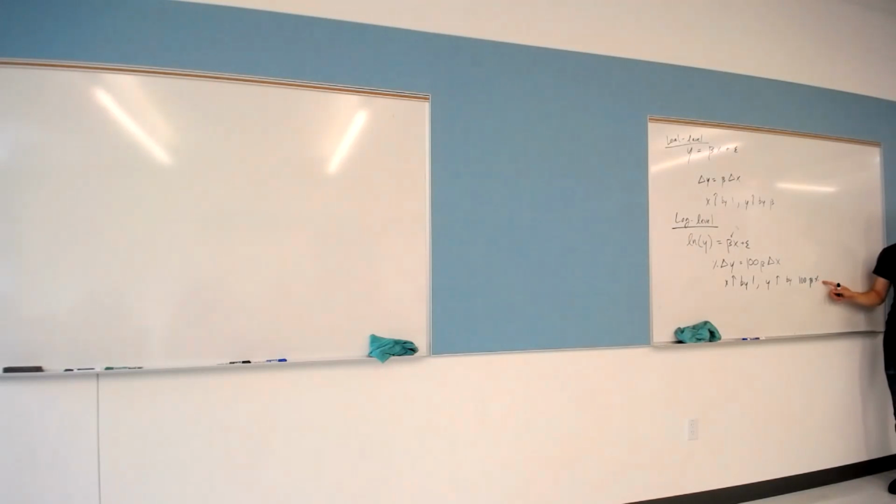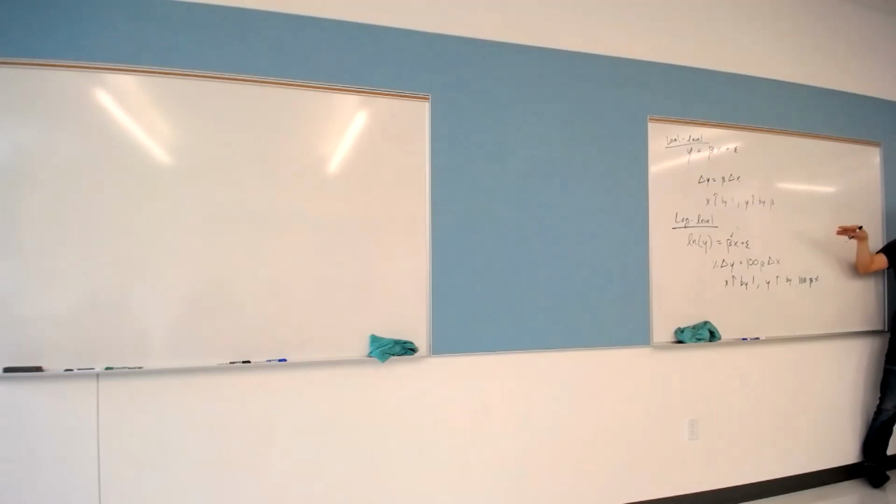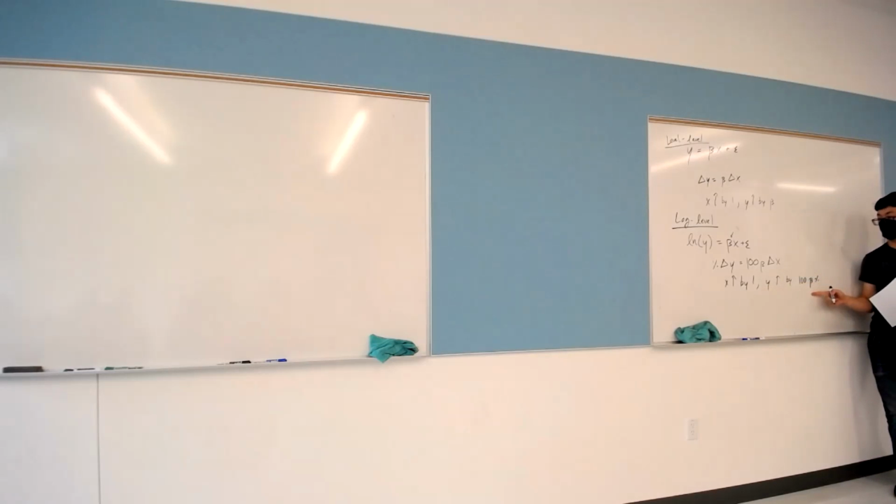But I should caution, especially for people who get into econometrics and regression analysis in econ, that this thing I'm describing is most accurate for marginal changes, so small changes in your x.